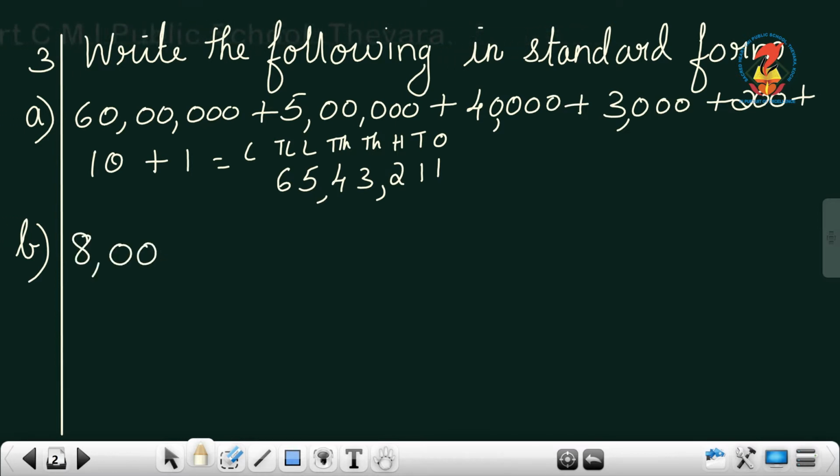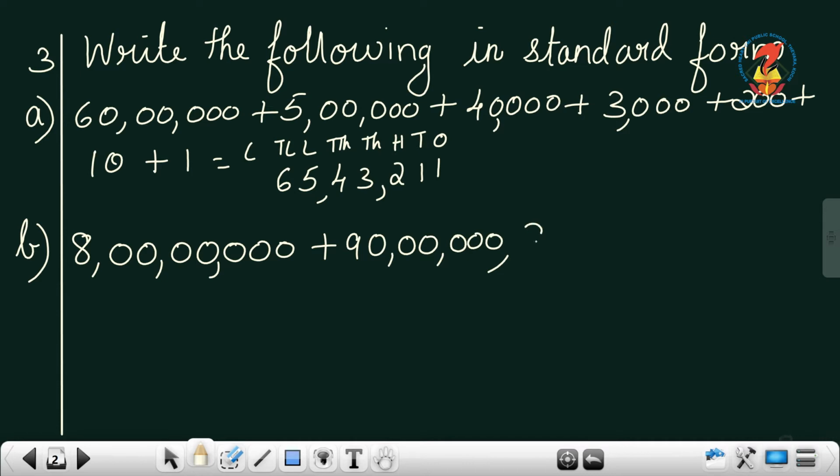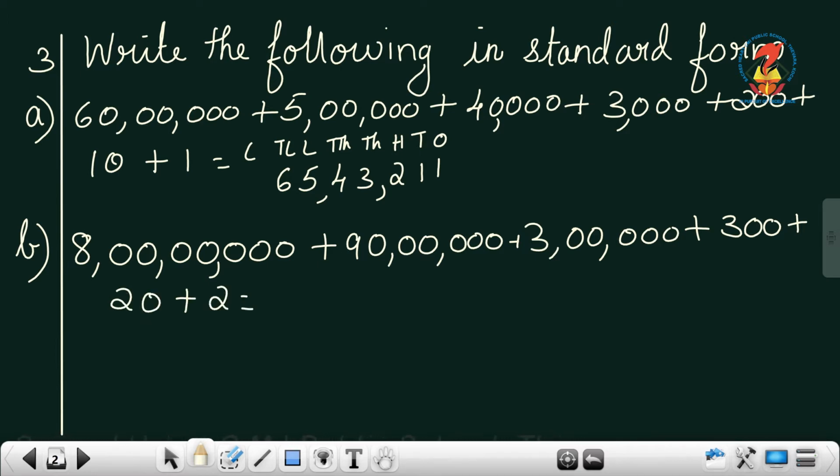First one, 8 crore plus 90 lakhs plus 3 lakhs plus 300 plus 20 plus 2.